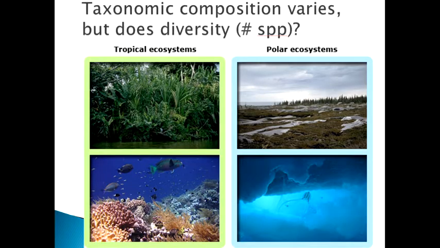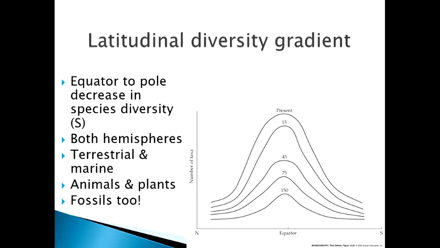Now, we've known for a long time that there are taxonomic composition differences by latitude. So you've got pictures there of tropical ecosystems versus polar ecosystems. But did that then translate to different numbers of species? Humboldt was one of the persons that recognized it.